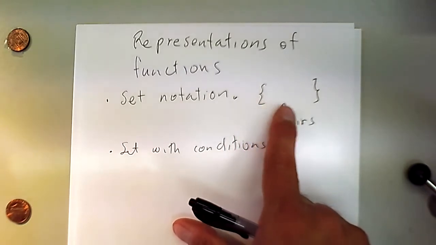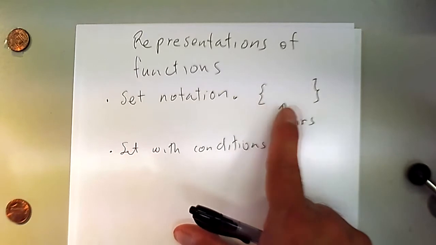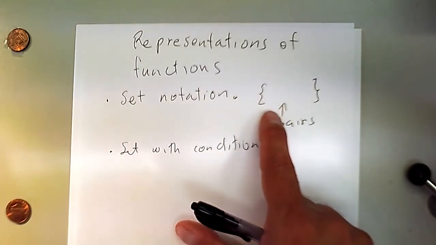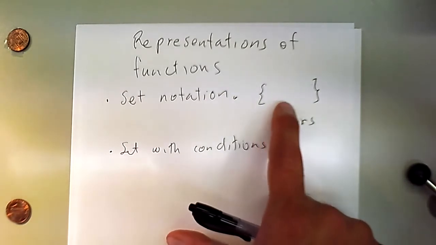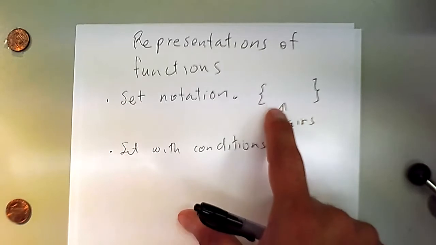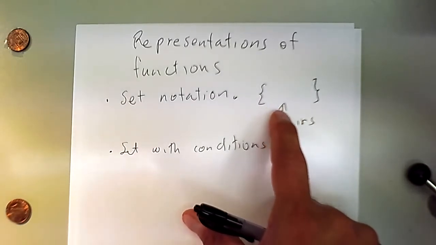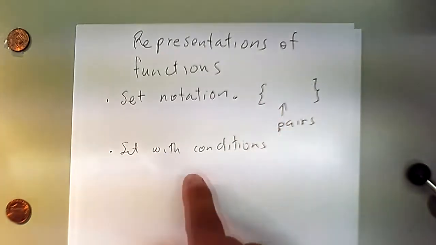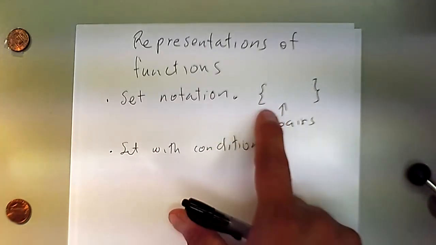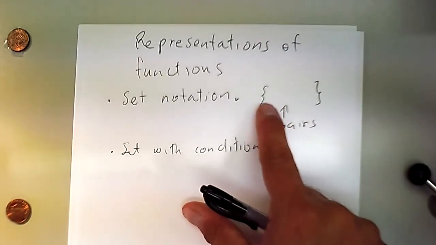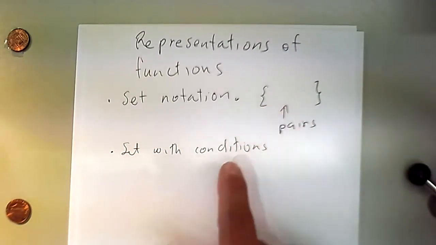If you have 100 or 1,000 or 1,000,000 or more, then it becomes extremely impractical. In fact, we will have mathematically an infinite number of points in a relation. So in that case, and in a function too, it is completely impossible to write a relation in this format.